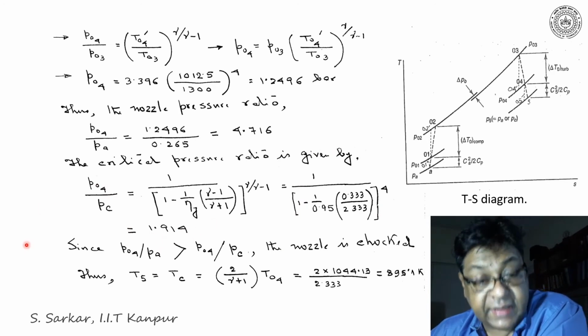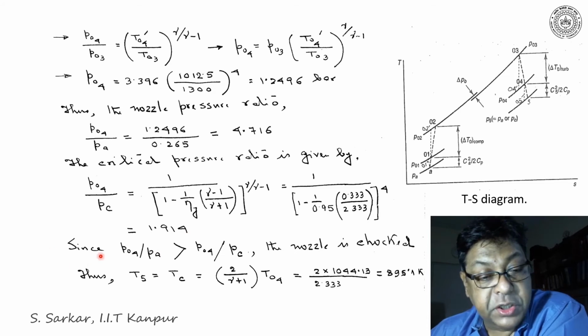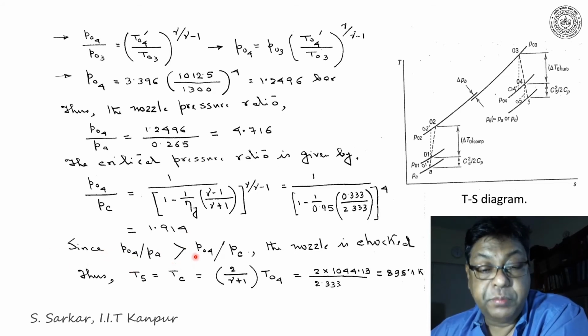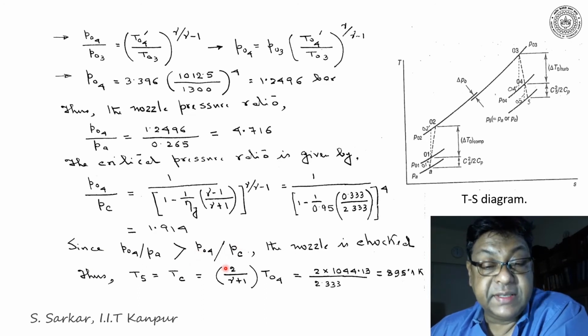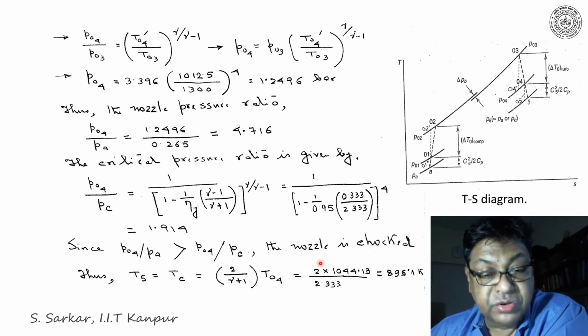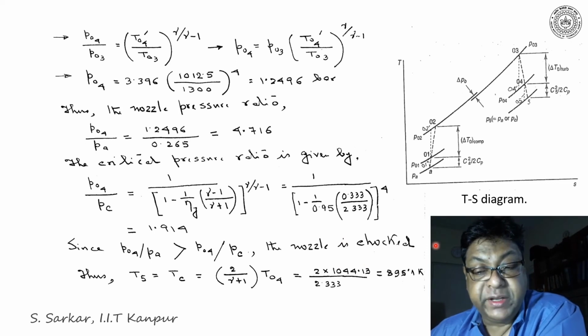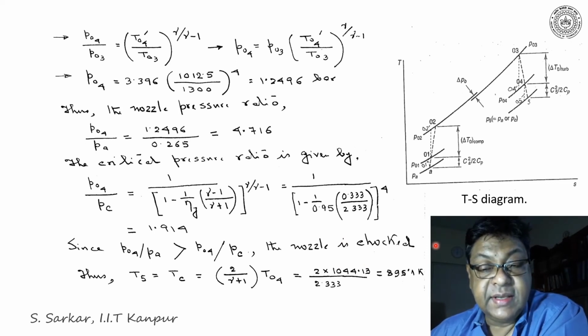Hence, P04 by PA is greater than P04 by PC. Thus the nozzle is choked here. So here the case we have arrived, here the atmospheric pressure is less than the critical pressure.